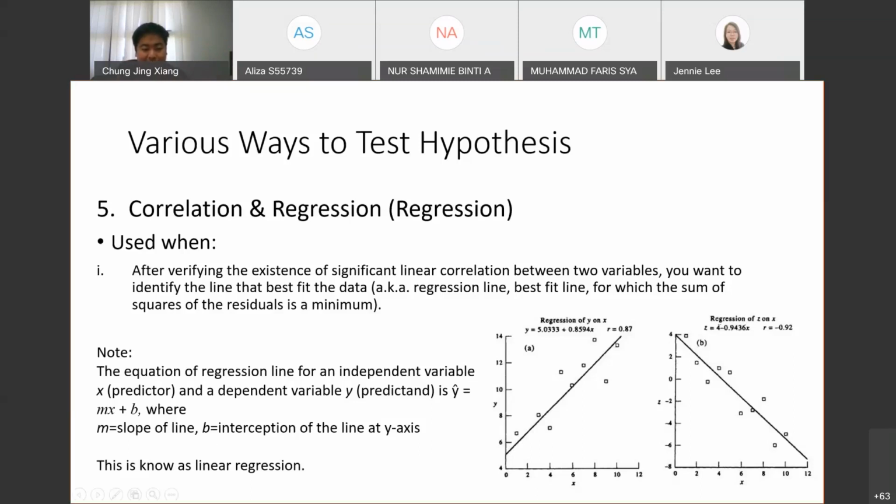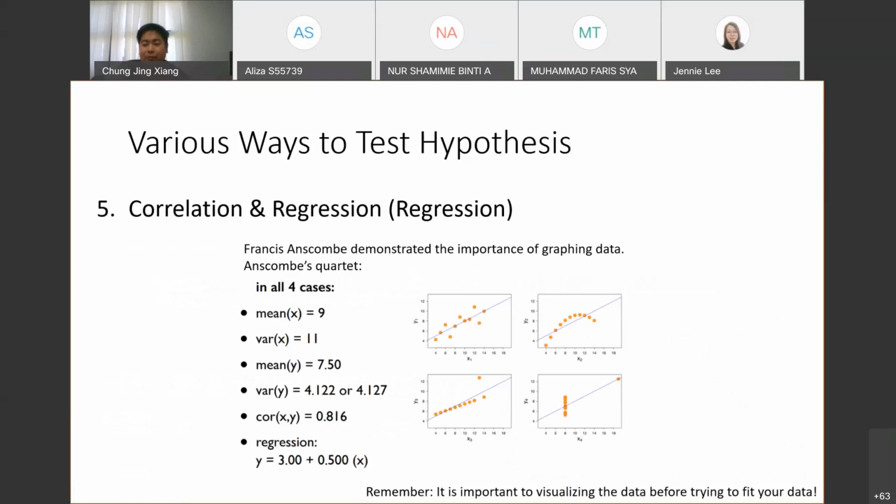When you do regression, you should always first visualize your data. You can see from Francis Anscombe, I don't know how to pronounce it, he demonstrates the importance of graphing. Make your data a graph. Plot the data out.